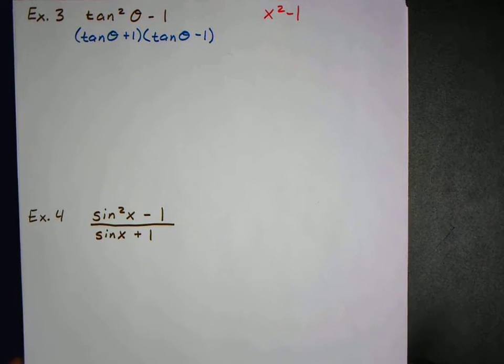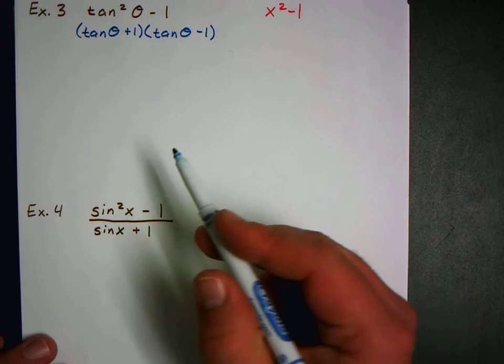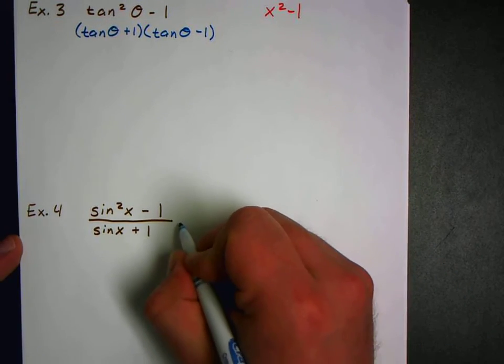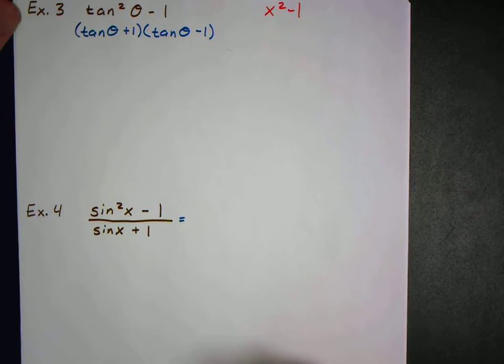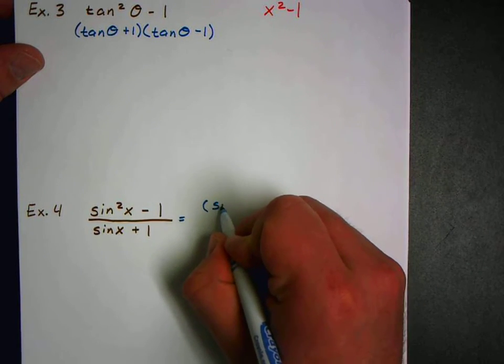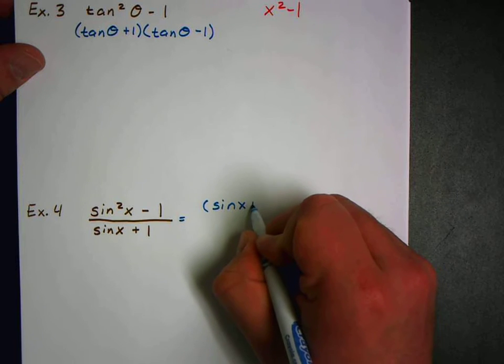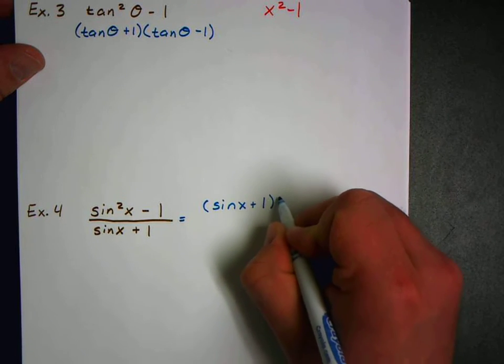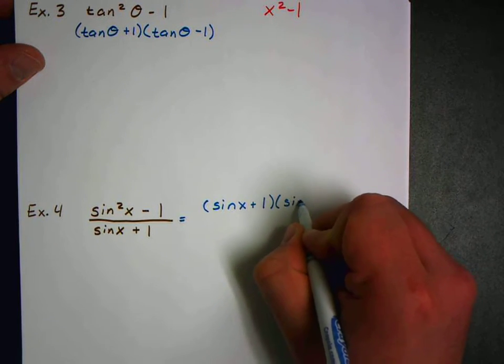And then I wanted to do one where we could actually simplify something. So if I factored this one, I would get sine x plus 1, sine x minus 1.